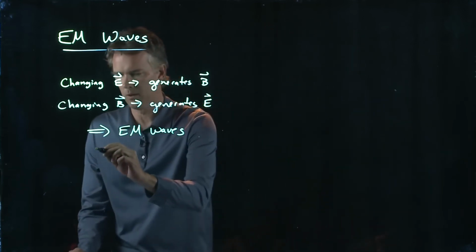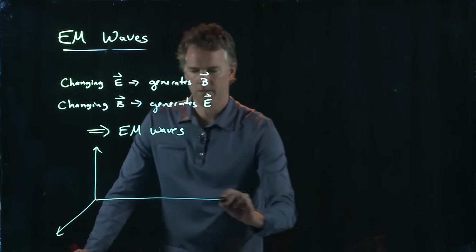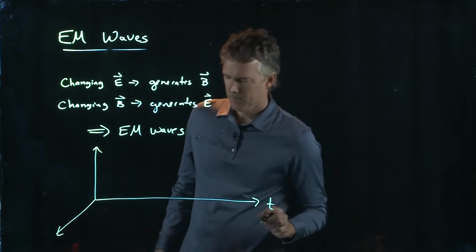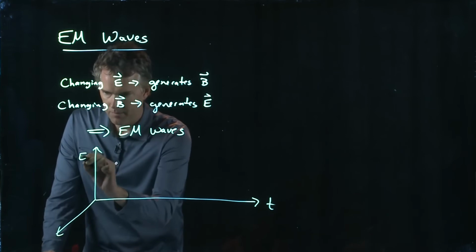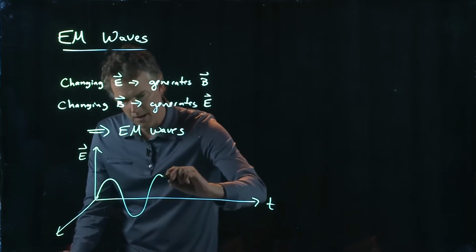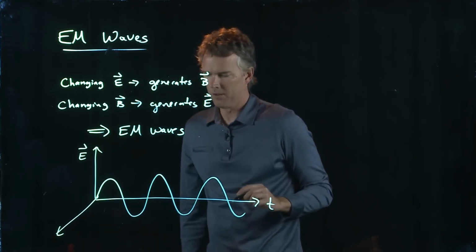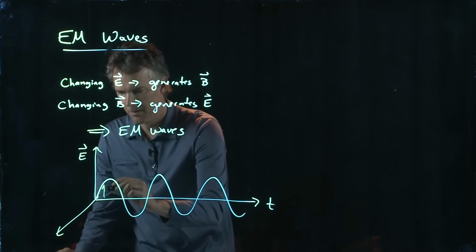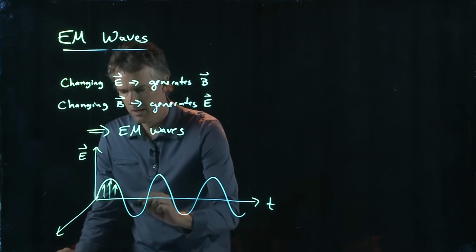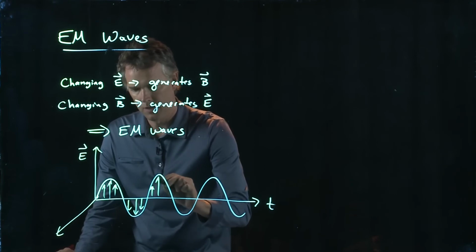An electromagnetic wave looks like this. I've got an E field that is going up and down, like so. This means that it's pointing up in this region, and then it's pointing down in this region, and so forth.